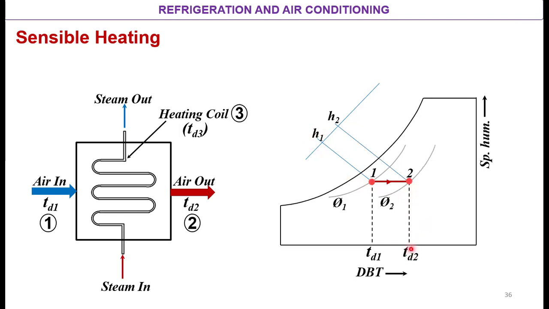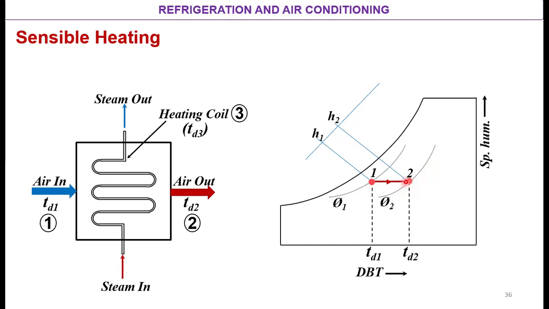I should know up to what temperature I should heat the air, what the outlet temperature of the air should be. Let us say I want to heat from 10 degrees Celsius to 25 degrees Celsius. So this 25 degrees Celsius temperature is known to me, and the relative humidity will also be known. With this dry bulb temperature and relative humidity phi2, I will plot point 2 in a similar fashion to point 1.